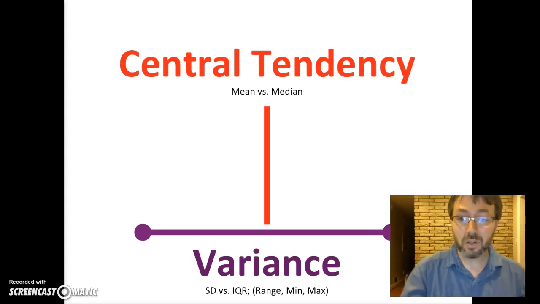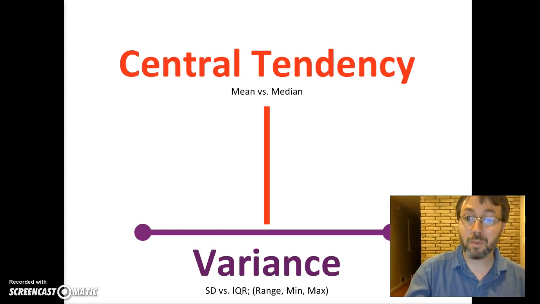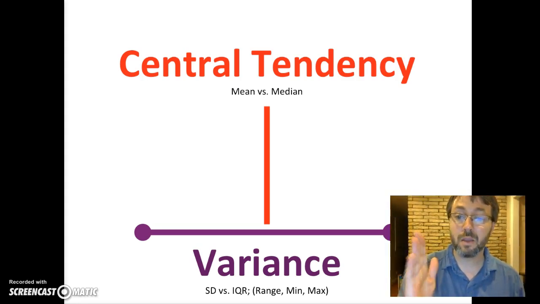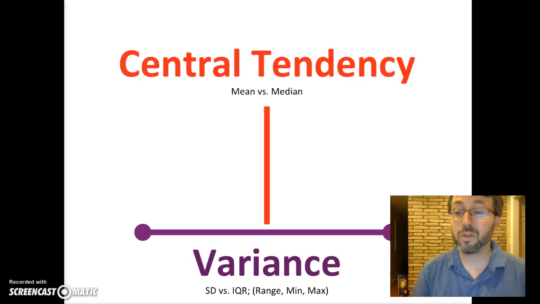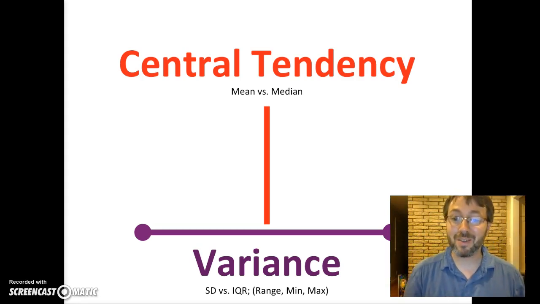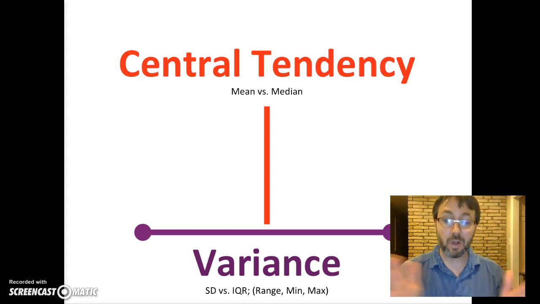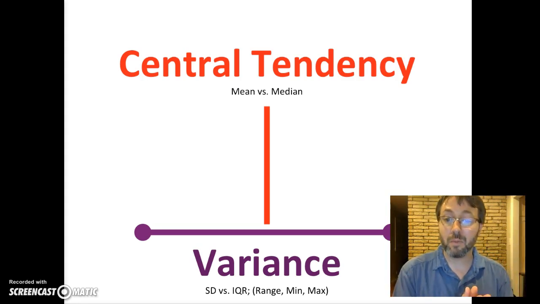So measures of central tendency that we're using primarily in this course are the mean and the median, and those show where the middle of our data fall, depending on how we define that middle, whether that be using the median, which is the middle value of all of our data points, or if it's the total of all values divided by the number of observations, which is the mean.